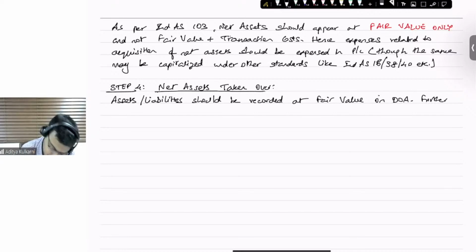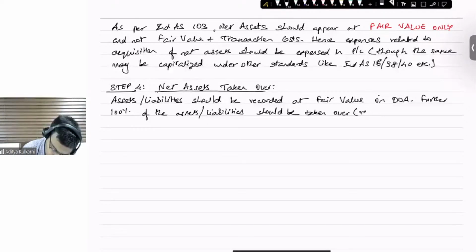Further, 100% of the assets or liabilities should be taken over, regardless of the percentage of stake acquired.